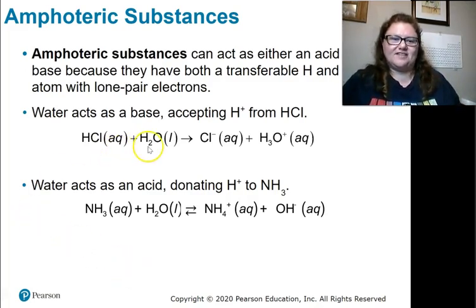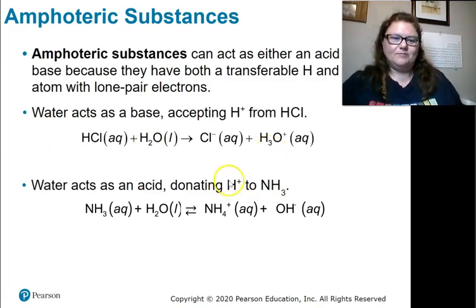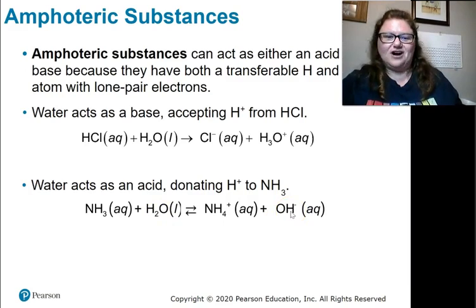And so on the top, we could see it went from water to hydronium, picked up a hydrogen. Might be a little harder to see here because water really loses its identity when we get rid of one of those hydrogens. So in this reaction, we just see the OH, but that was from the water. Okay, it couldn't have come from anywhere else. So that's where water is acting as an acid in that case.